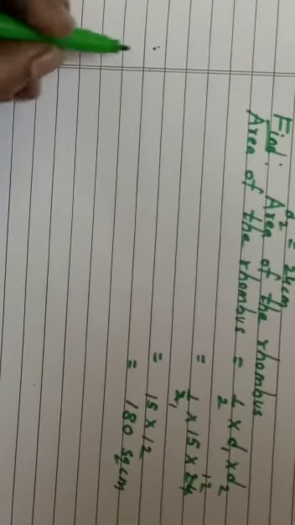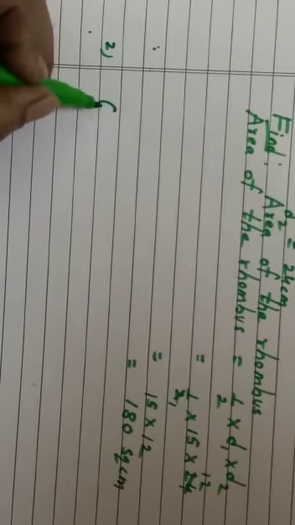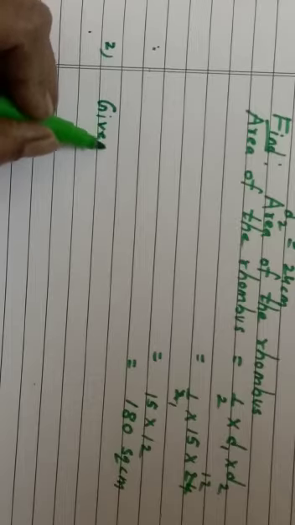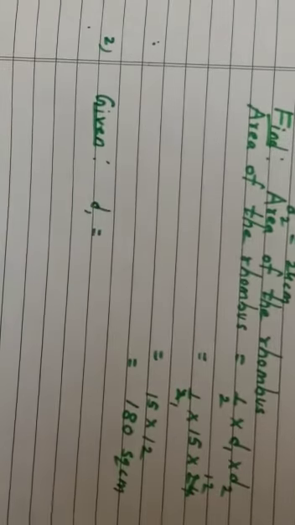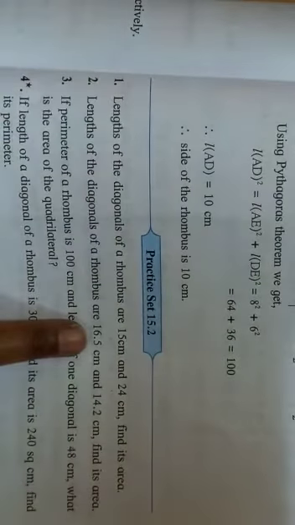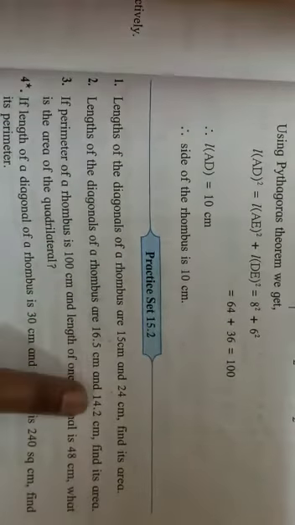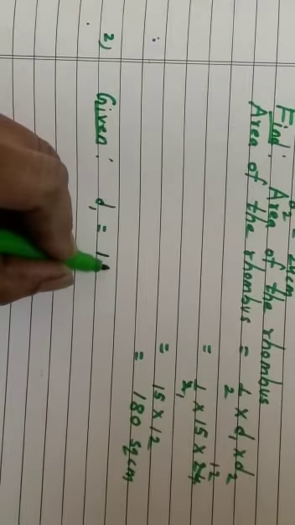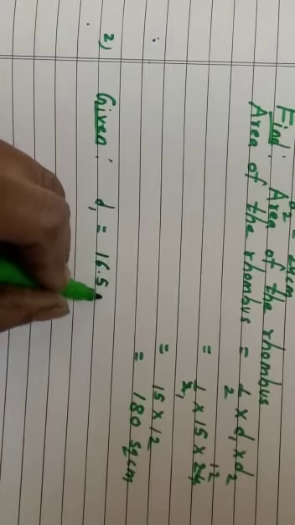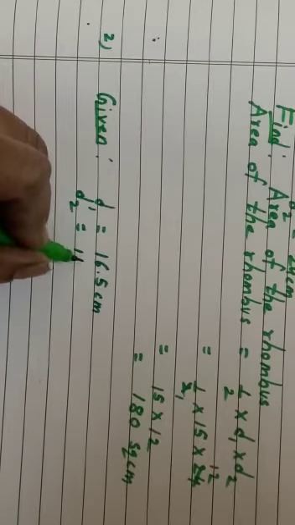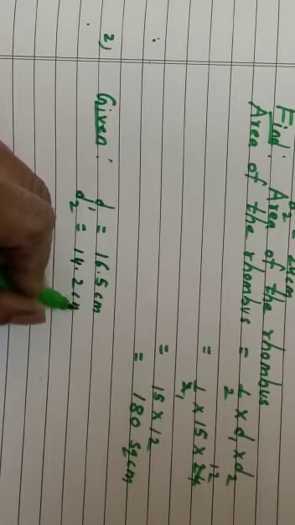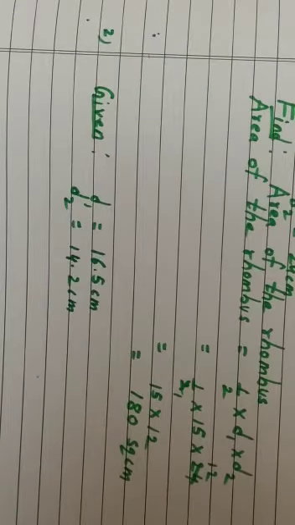Again you have been given two diagonals: d1 is equal to 16.5 centimeter and d2 is equal to 14.2 centimeter.